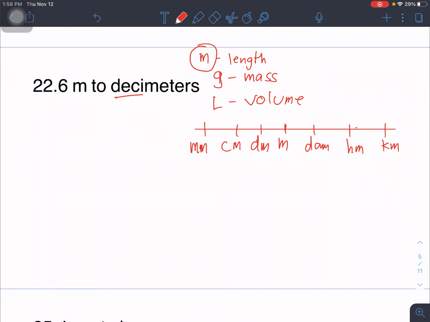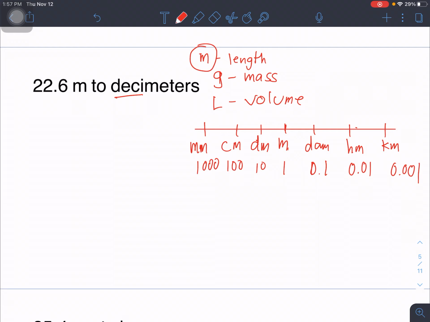So for meter, if it is 1, then decimeter should be 10, 100, and 1000. If 1 meter is 1, then decameter is 0.1, hectometer is 0.01, and kilometer is 0.001.